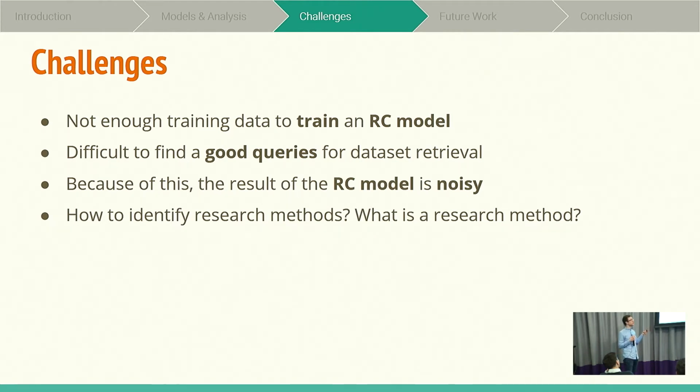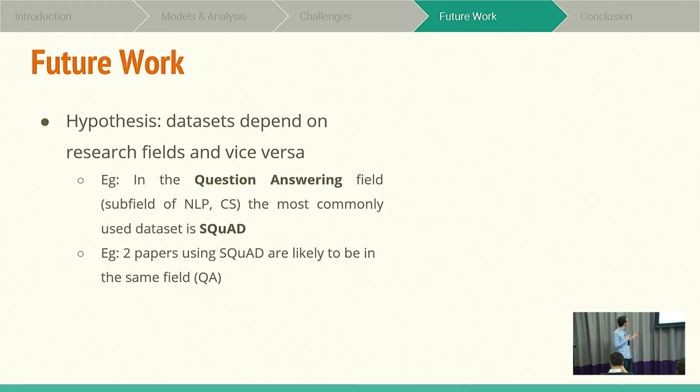Because of these two things, we had some noise. And in order to remove that noise, we use ultrafine entity typing. Another problem we had is how to identify research methods, because it's even difficult for us to decide, okay, this is a research method and this is not. And in this paper, they're using this and they're not using this. So it's even kind of difficult for us. So for a machine, it's of course even more difficult.